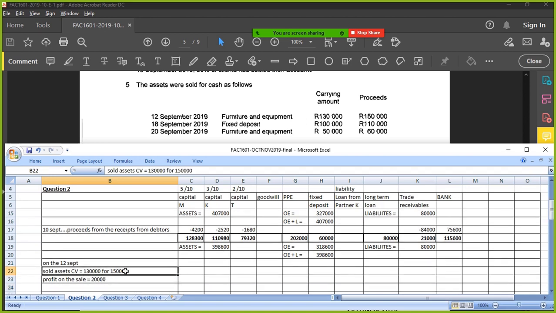So I sold 130 minus 130 carrying value. The proceeds that I got was 150. And the profit is going to be allocated to each partner. Okay, and that's it.